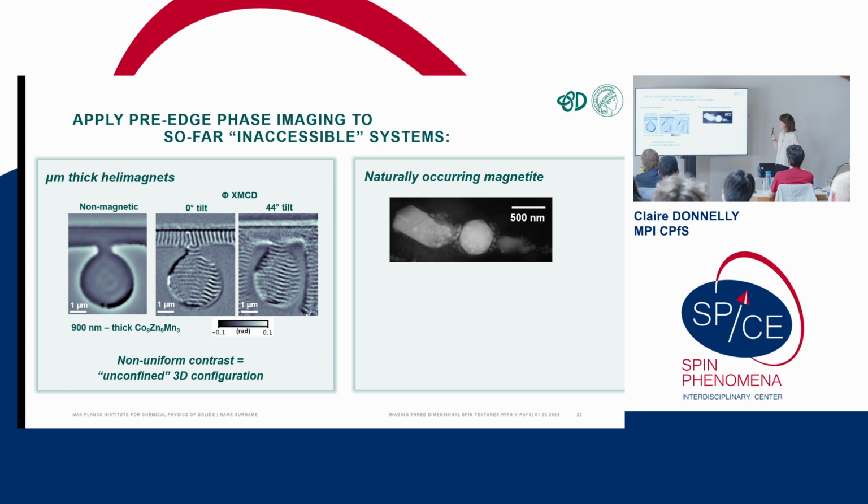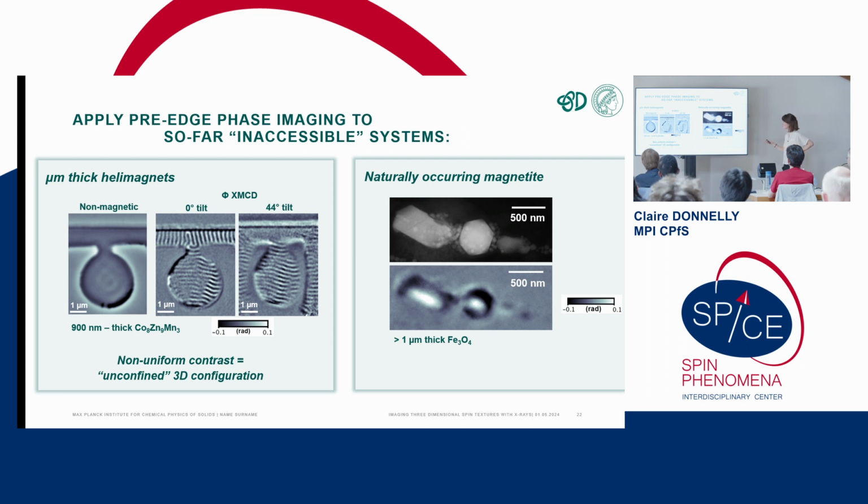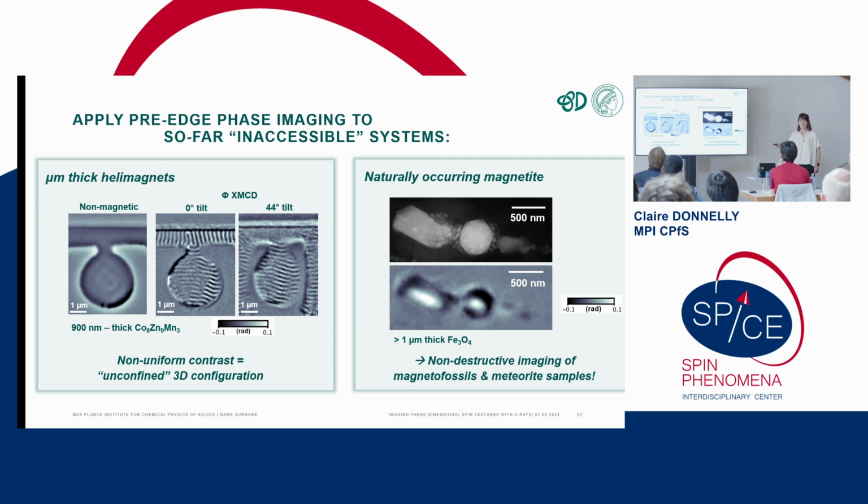And up until now, these magnetite samples typically have needed to be cut up in order to image their magnetic state, which, as we know, will dramatically change the configuration. But again, by going to this pre-edge, we're able to, for the first time, see the magnetic configuration in a non-destructive way, giving our colleagues who work in that community the first tool to be able to study their samples.